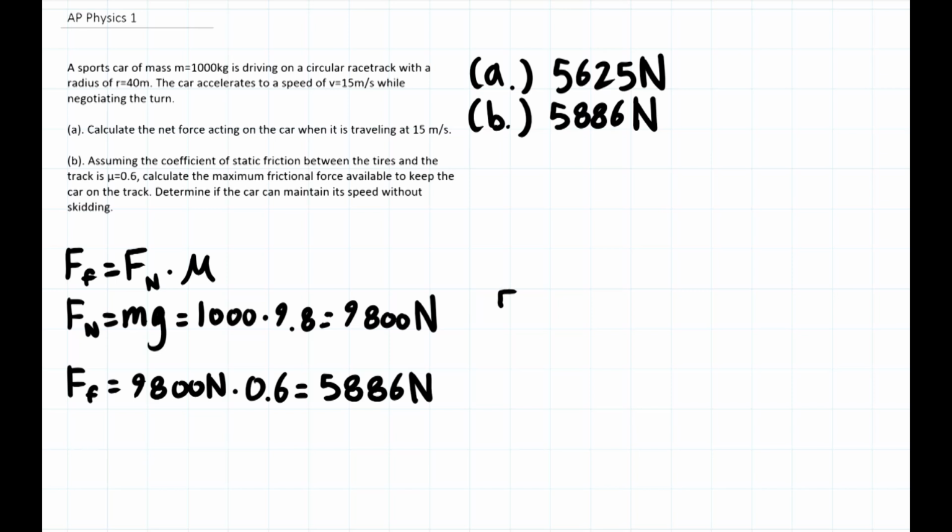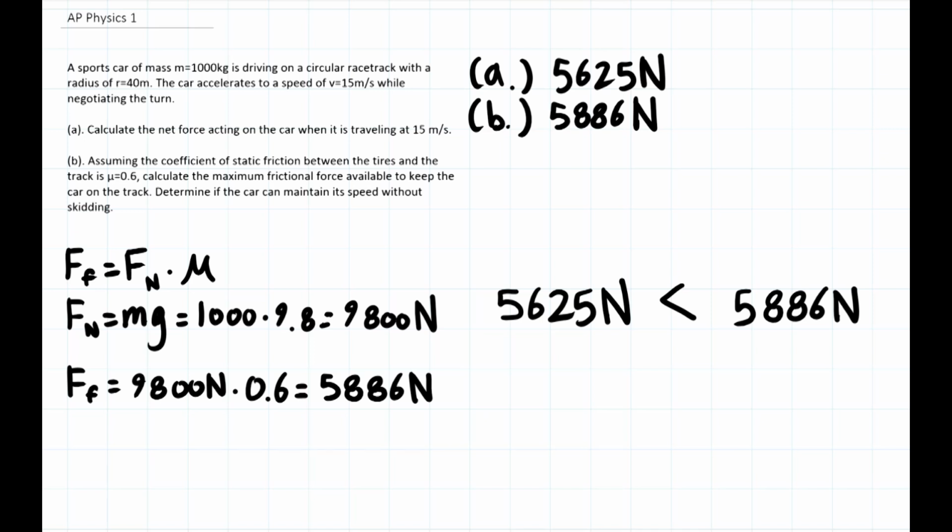So our centripetal force is 5,625 newtons, and our maximum threshold for frictional force is 5,886 newtons. And we can find out that our threshold is greater than our actual centripetal force, which means that the car is not skidding.